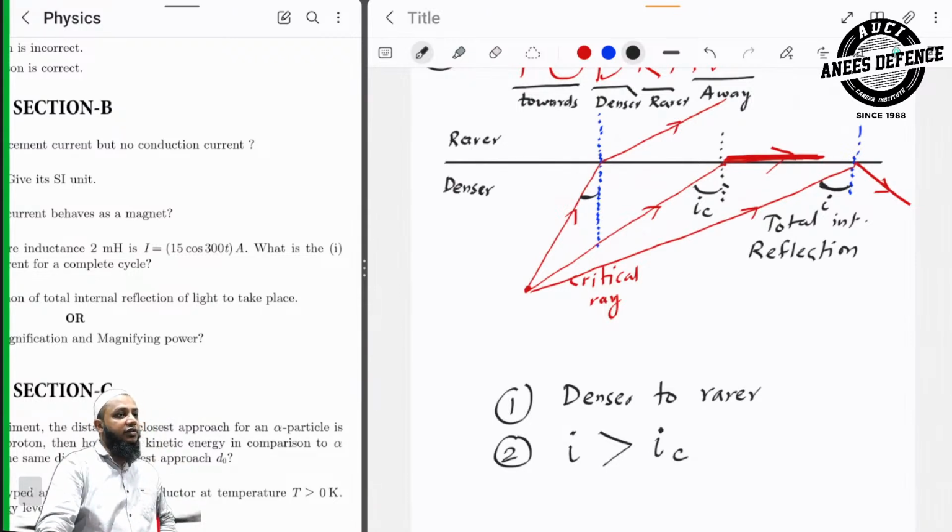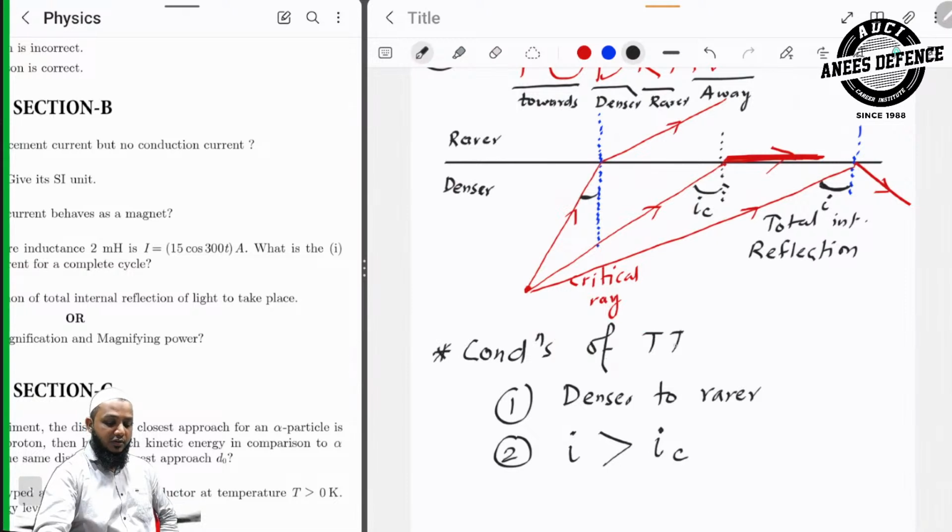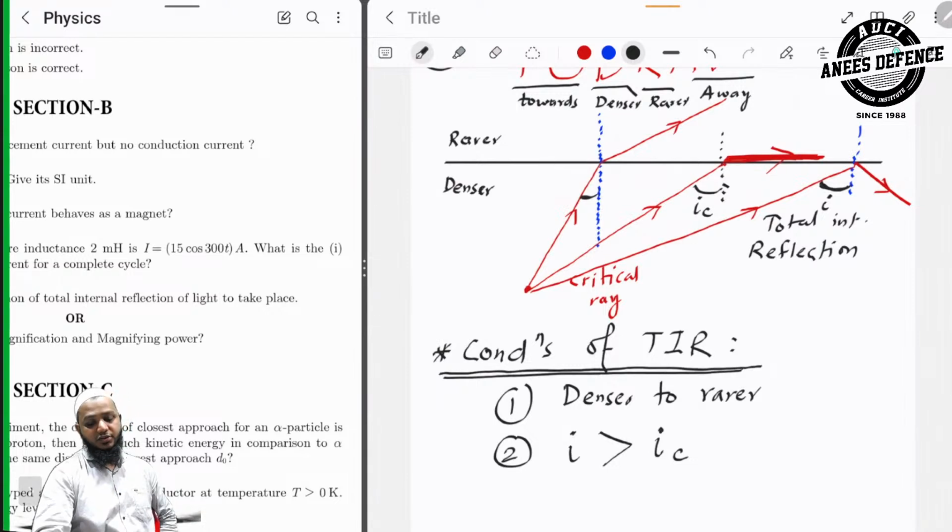It will never enter into the same medium. So the very first criterion for total internal reflection to occur is that the ray goes from denser to rarer. The second condition is that the angle of incidence should be greater than critical angle. These are the conditions of TIR. Now, what is TIR? Total internal reflection.